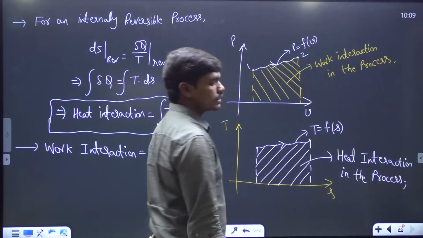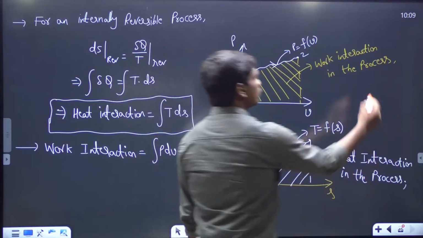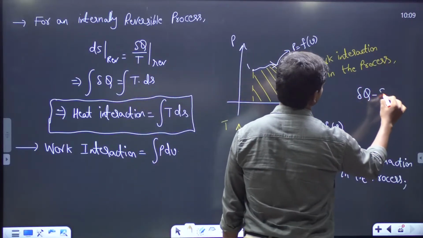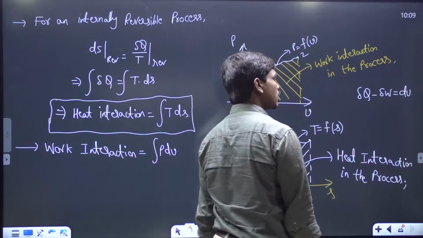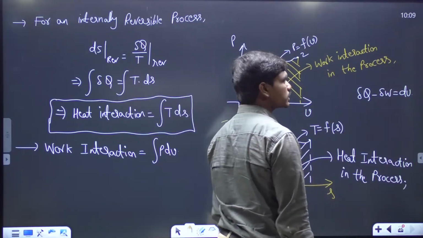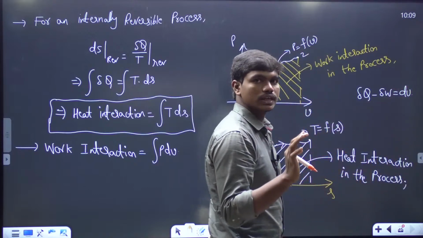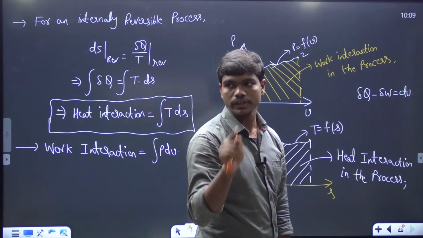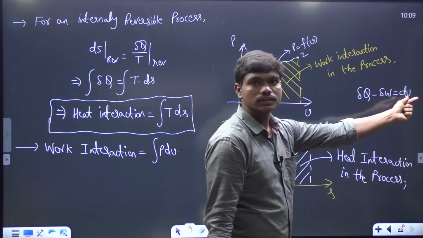so now one important thing: if a closed system is undergoing a thermodynamic cycle, by the first law of thermodynamics, del Q minus del W is equal to dU, correct? If the system is undergoing a cycle, then the initial state and final state are the same. What could be the change in internal energy?